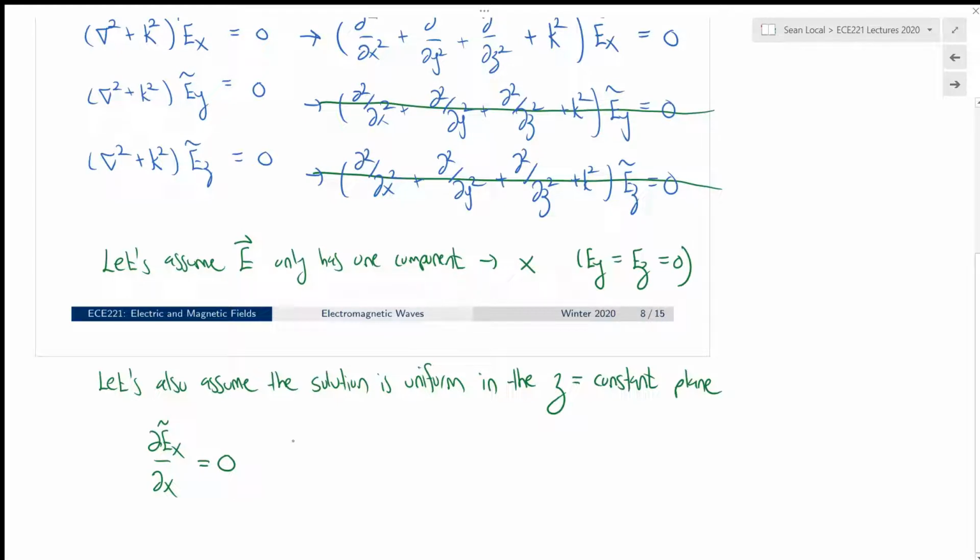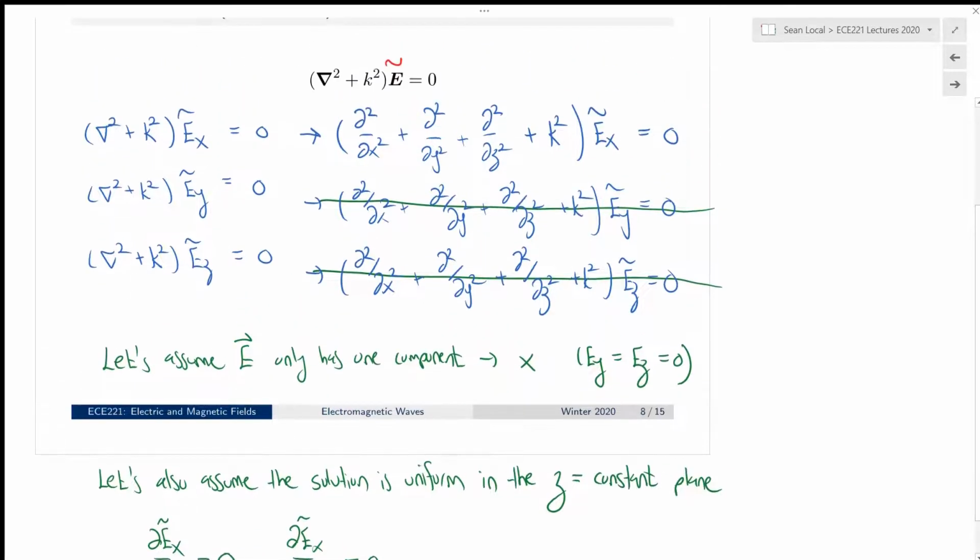And similarly, if this field component doesn't vary in the Y direction, then the corresponding derivative in that direction should also be 0. So that simplifies things considerably further because now we can remove these two second derivative terms from the wave equation. So that leaves us with a very, very simple wave equation left to solve.